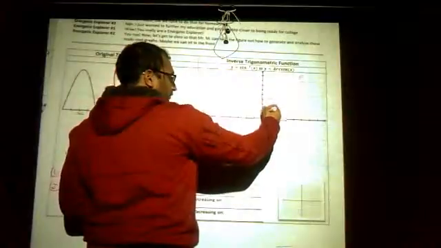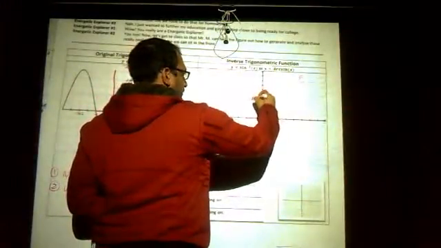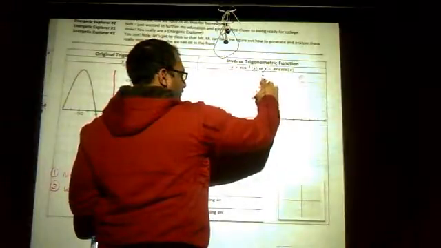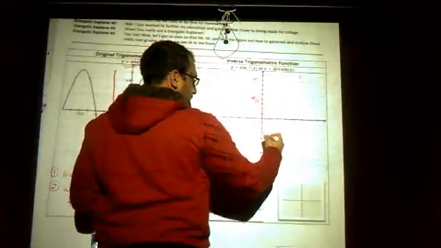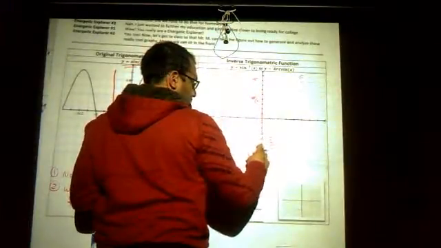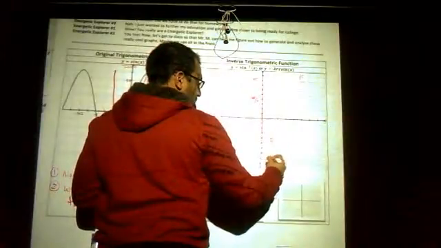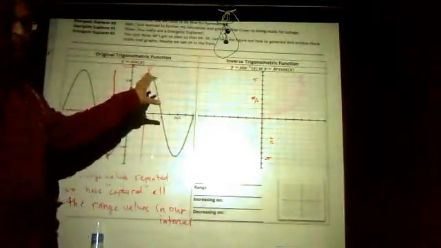So every 4 I'm going to have a pi over 2. 1, 2, 3, 4, it's going to give me pi, negative pi over 2, negative pi.